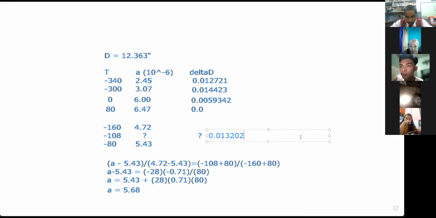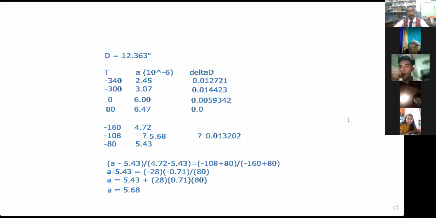So 0.013202, this is our answer. If the temperature is negative 108 degrees Fahrenheit, we have this change in diameter. Any question? So we are able to find the answer to this one, which is 5.68. This is how you do your interpolation, and we are able to do it.